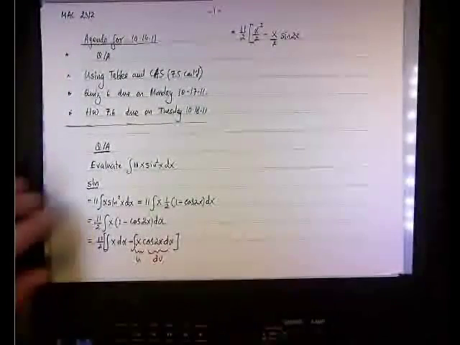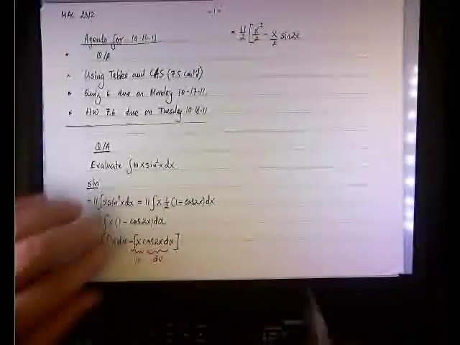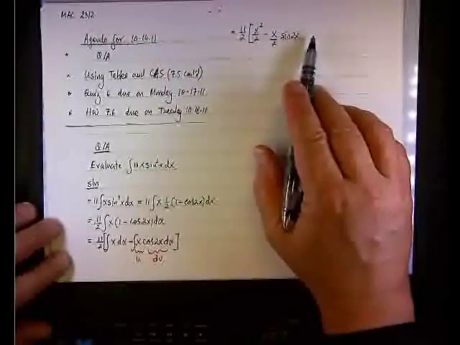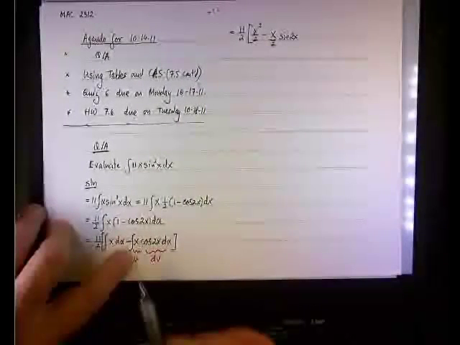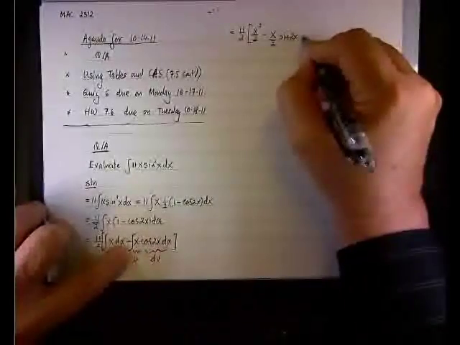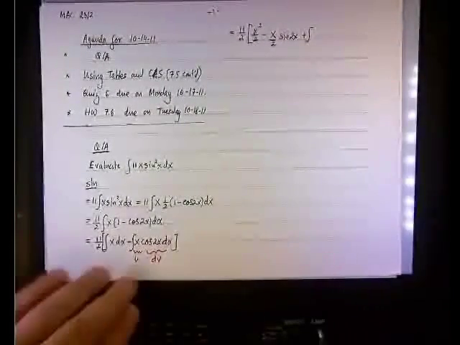Because the derivative of sine is positive cosine. So that's what we have. And now remember, comes negative the integral of v du, but we have negative up front, so this will be plus the integral of v du. Okay?